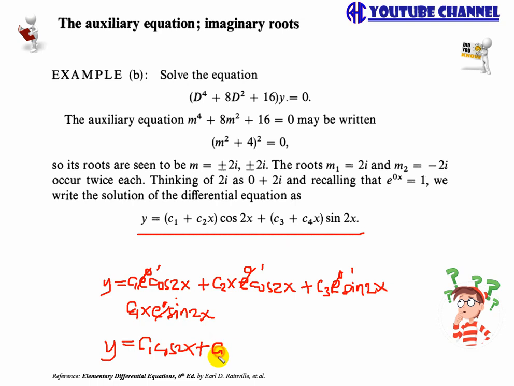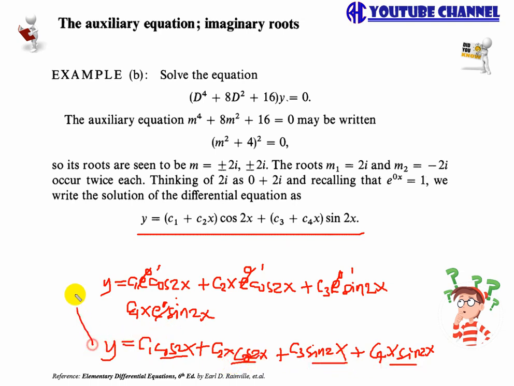Plus C2x cosine 2x plus C3 sine 2x plus C4x sine 2x. Or pwede natin i-factor out si cosine 2x tapos si sine 2x.